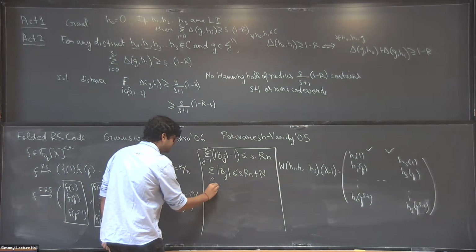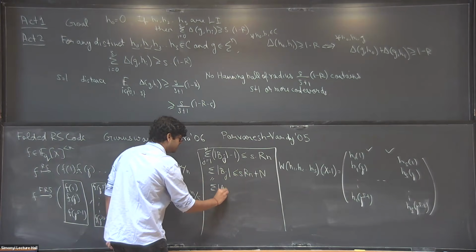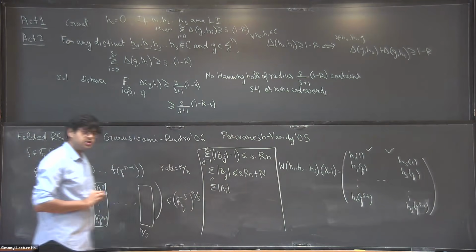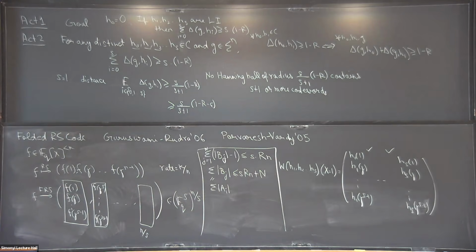And this here is equal to summation AI, because AIs were just the column sets that I defined. That's just double counting.